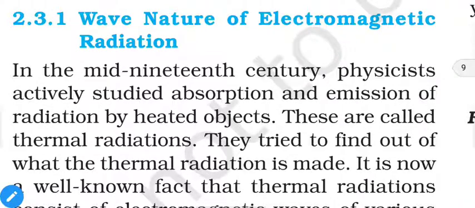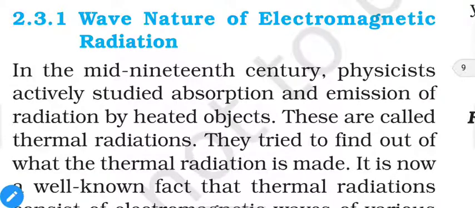Even our bodies emit this type of thermal radiation, but it is not visible to our naked eyes because this emitted radiation belongs to the infrared region, and infrared light is not visible to us. But special glasses, infrared glasses, can see it. So using infrared cameras, we can record through the walls.